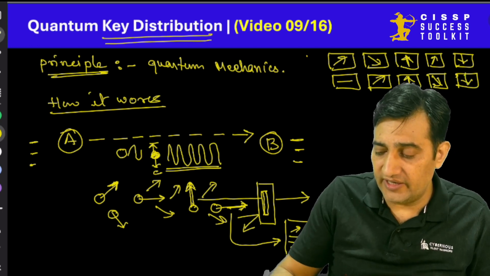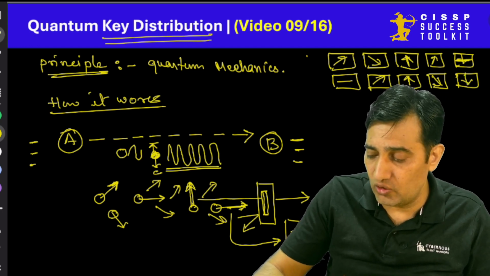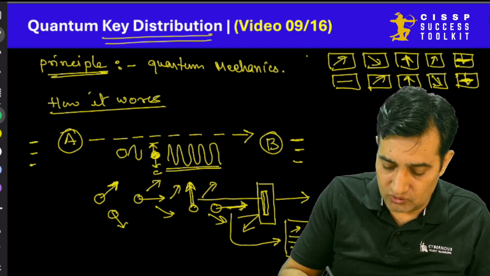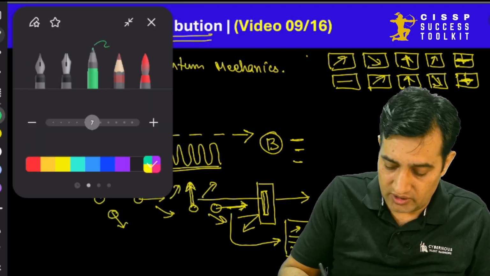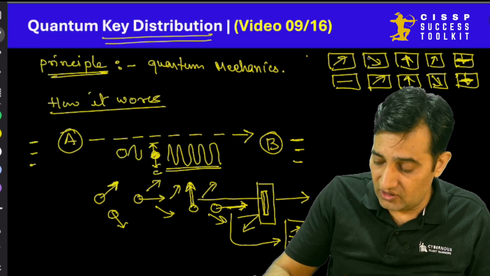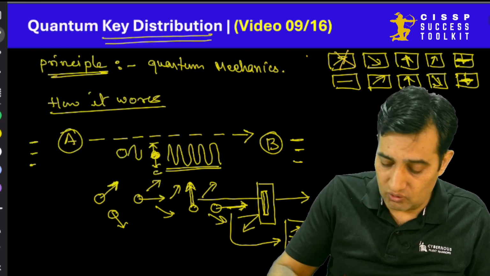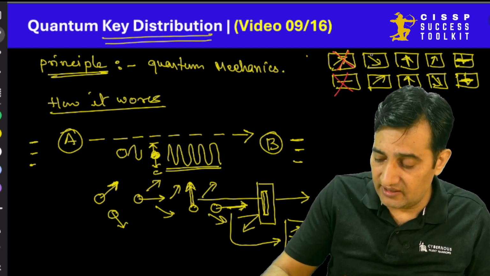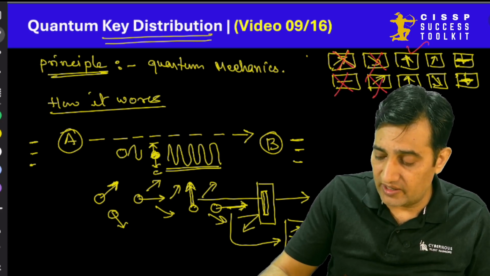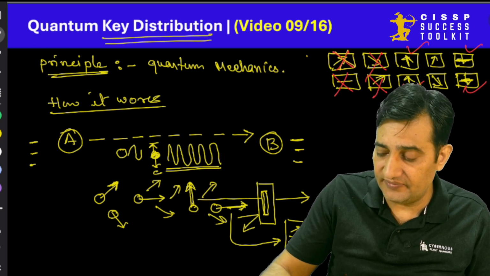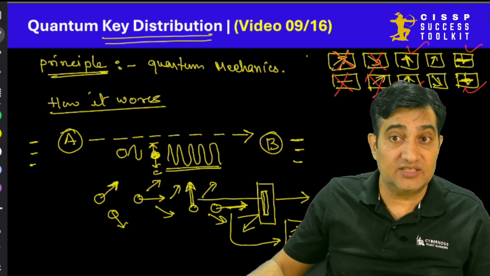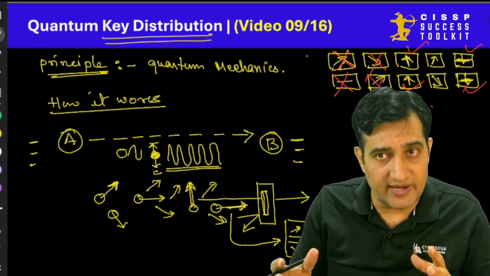The ones which do not match can be ignored, which means they are not valid, so they will not be treated as key material. Only those photons which are matching will be taken as a key. So this is a very secure way to transmit the key in a real-time situation.